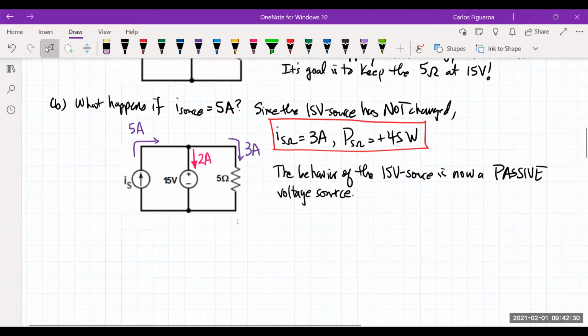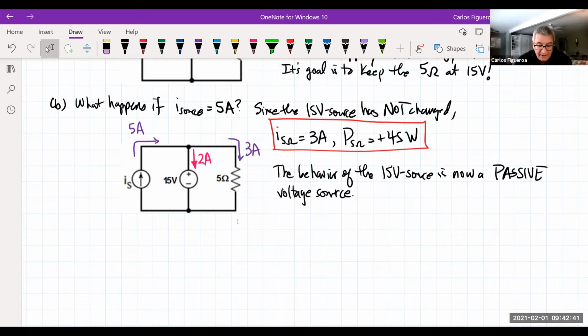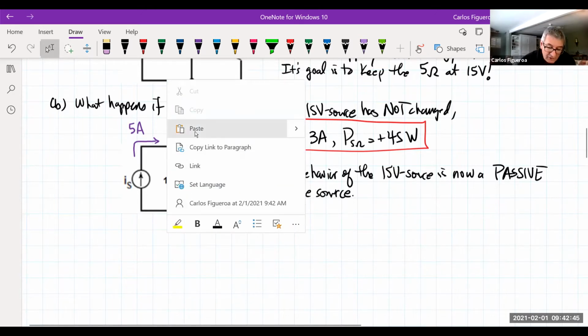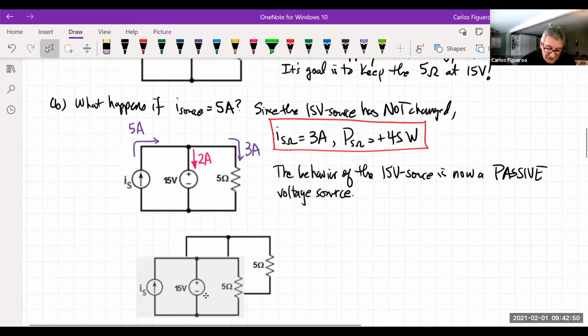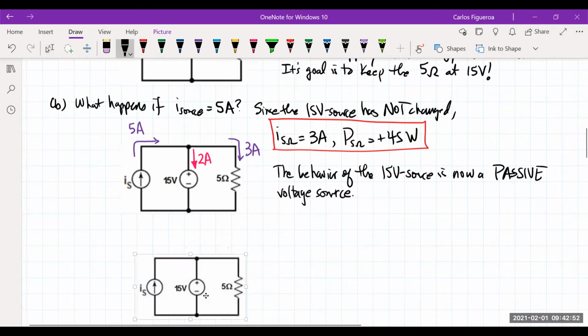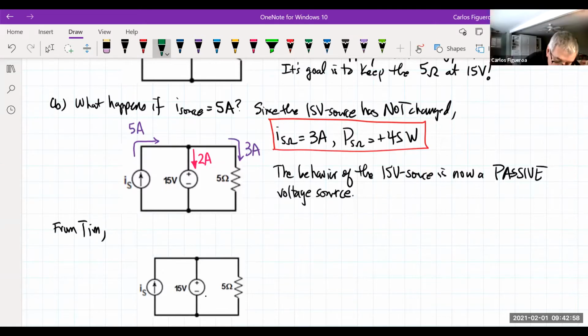Gotcha. I do have a question too, Carlos. Is that an up-to number, as far as up to 3 amps? Like say the current was only at 2. Yeah, so from Tim, if I change this to what? You said 1 amp? Sure. 1 amp.